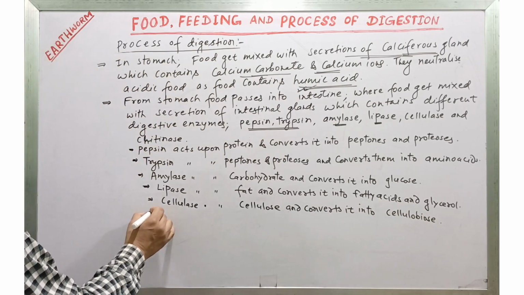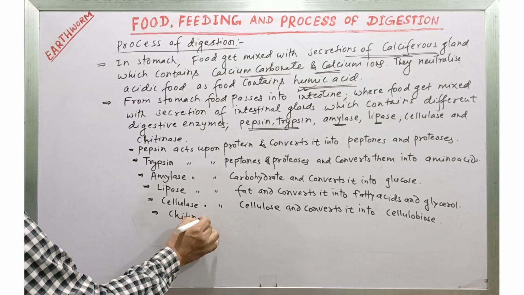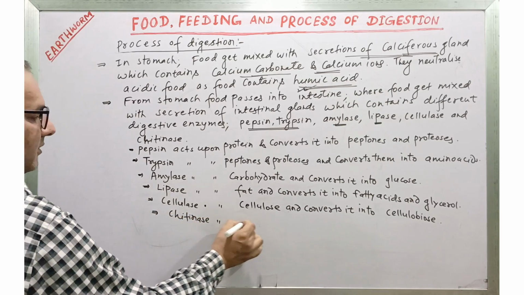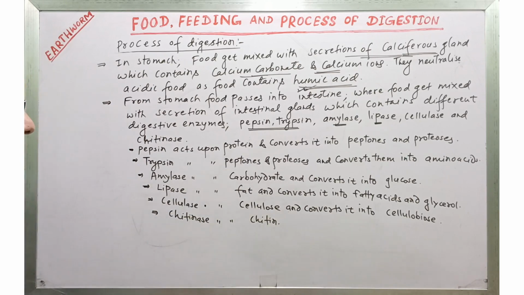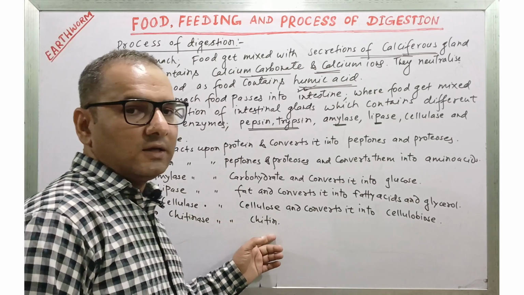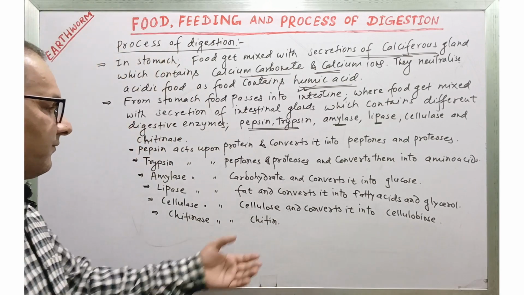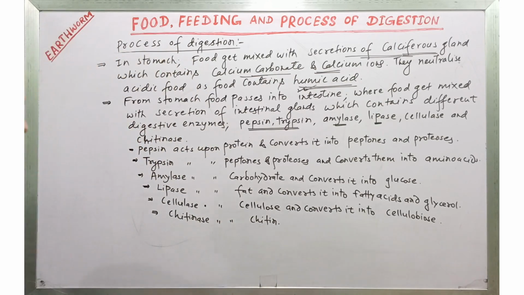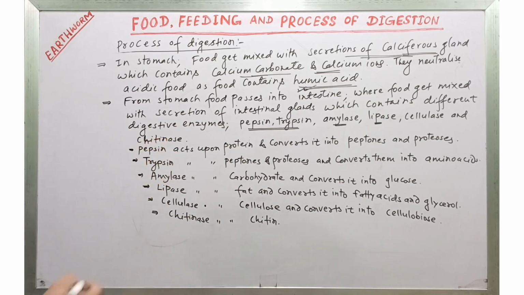In the same way, chitinase acts upon chitin, which is present as the exoskeleton of insects as well as in some fungi. So, these are the different digestive enzymes which act upon different types of food.